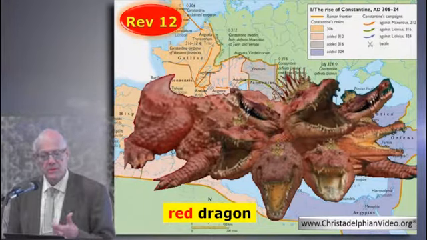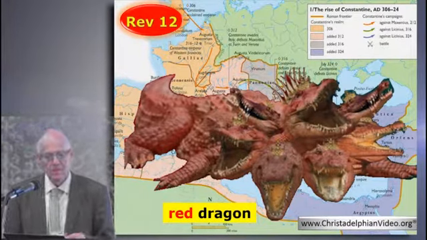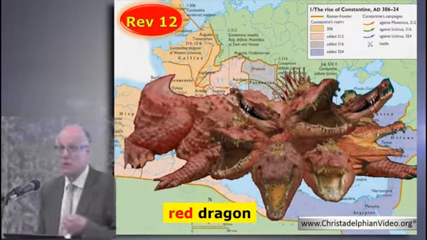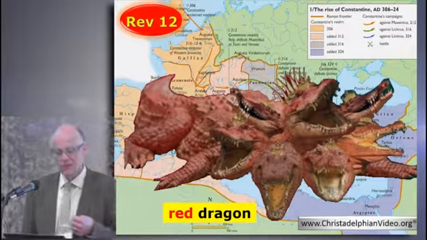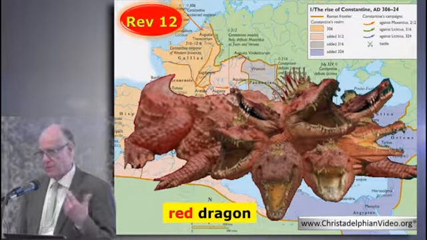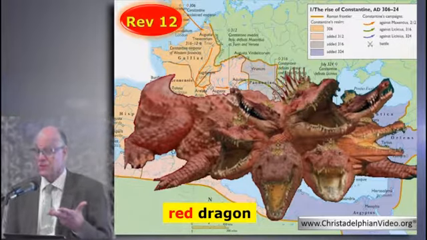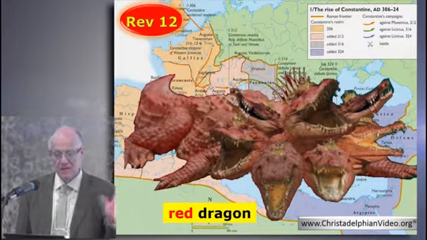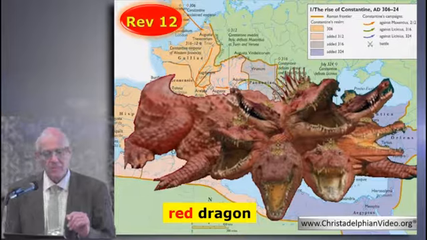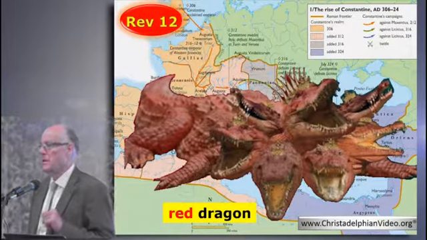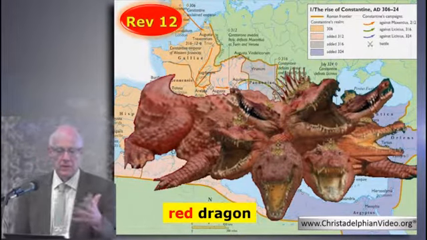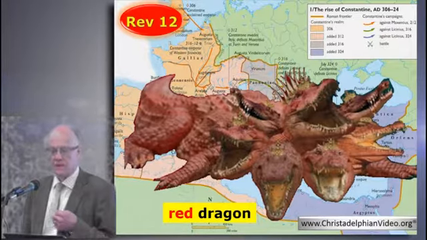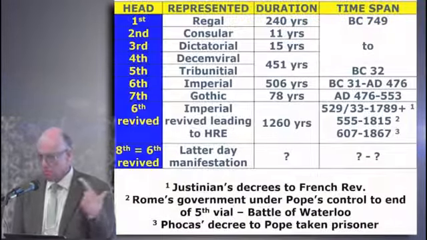And John was told that he was in the 6th of the 7 heads that were on this beast, this dragon. We can look at history and work out what the different heads were. I'm not going to particularly look at this, but John was living under the time of the imperial, when the Caesars were there, and that lasted until about AD 476.